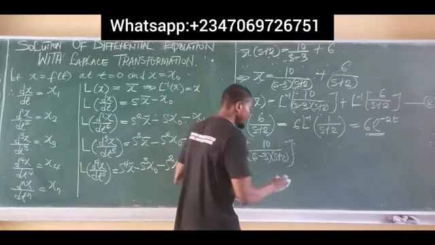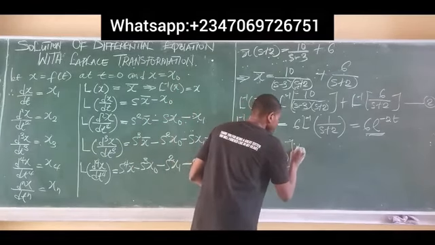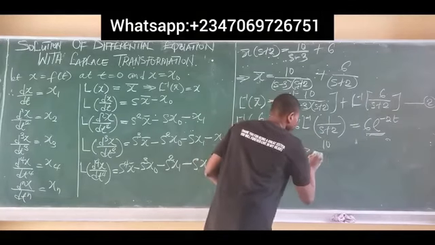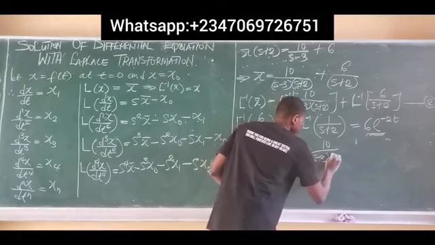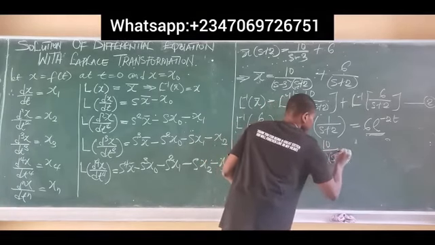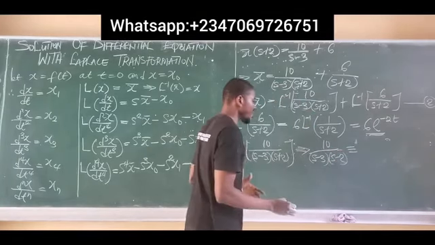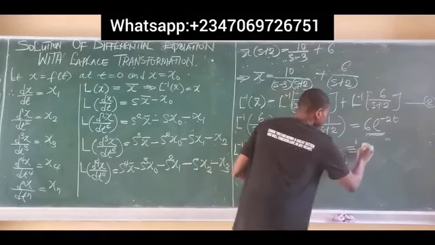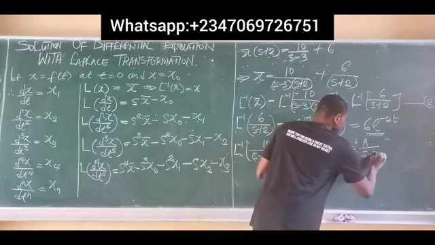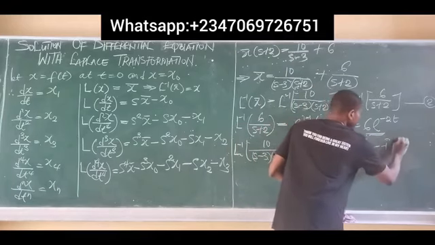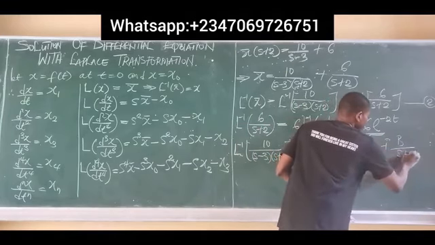All right, and to do that, you simply consider that 10 all over s minus 3 times s plus 2 is equivalent, breaking this into two simple fractions, to A all over s minus 3 plus B all over s plus 2.